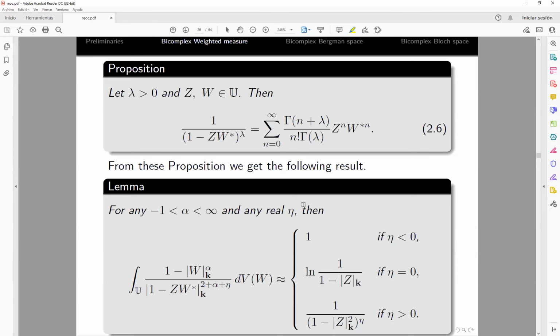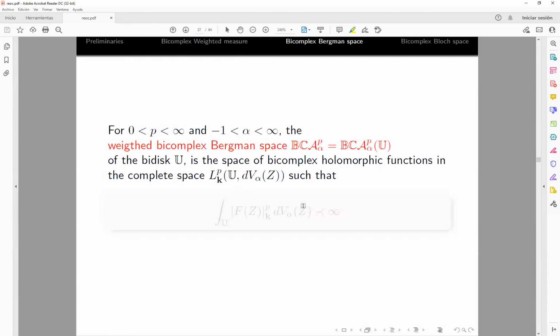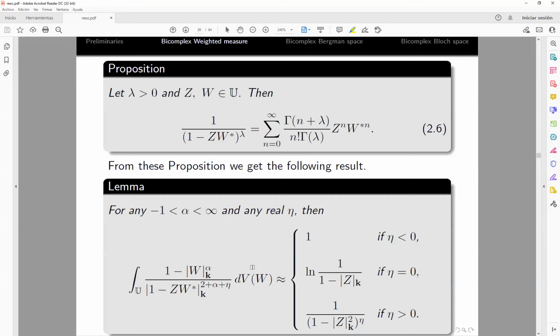From this proposition, we get the following lemma. It's possible to estimate this integral, where alpha is greater than -1 and eta is any real number. And we have this estimation, where the power is 2 plus alpha plus eta.